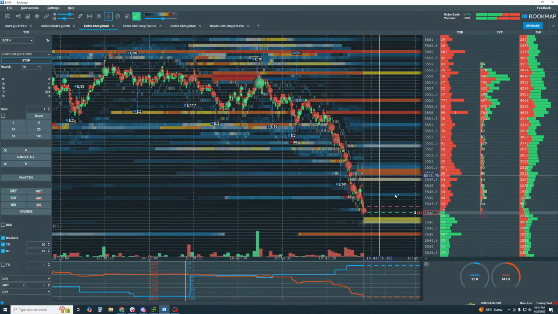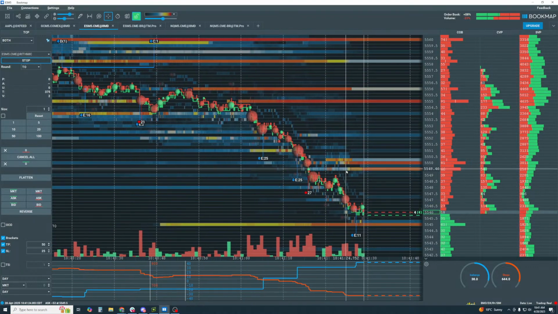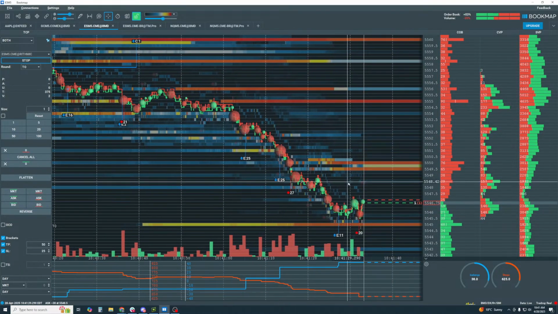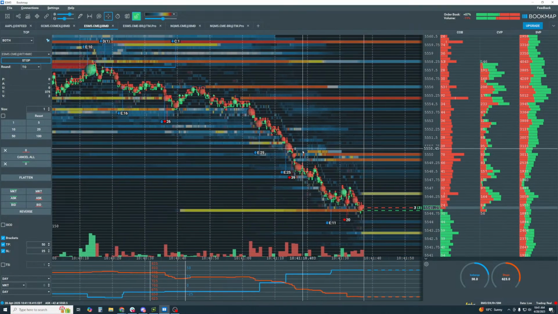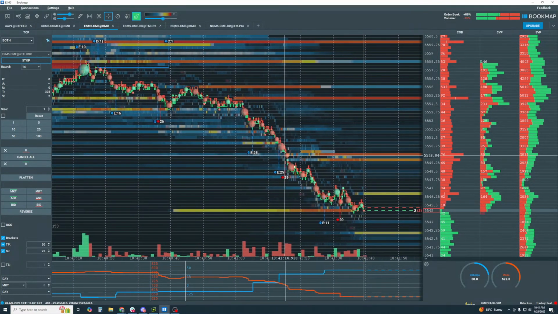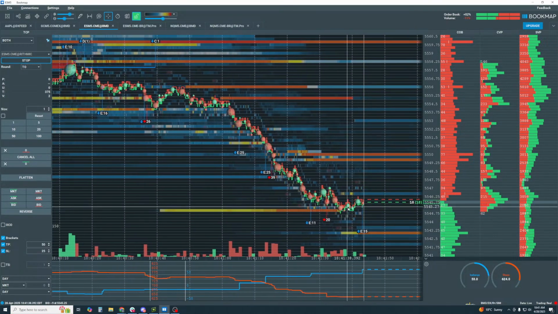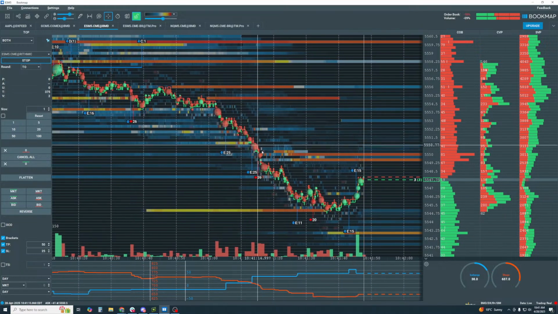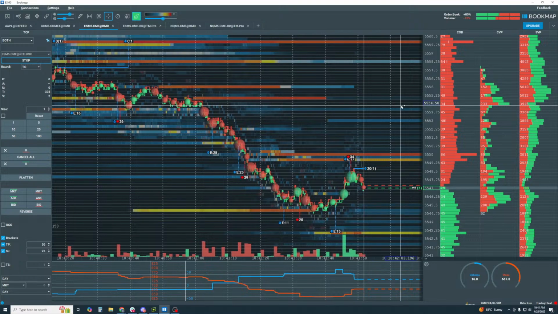Zoom in a little bit. Boy, we're not going to get it. This is one of the things about a pullback. We just get a big move like this, hit liquidity here, and in this volatile environment, what we've been seeing is selling, move it down to liquidity, buying, move it right back up to liquidity.